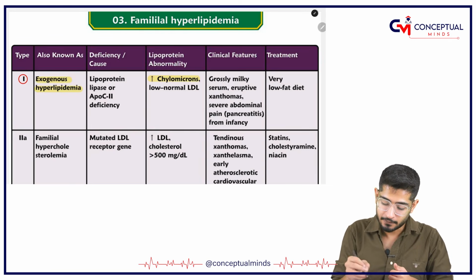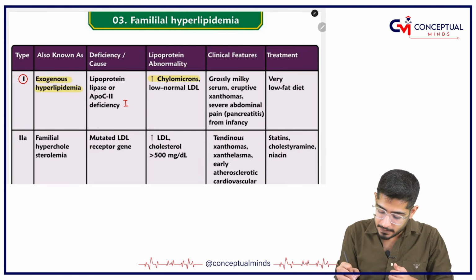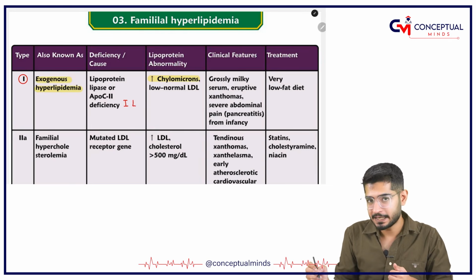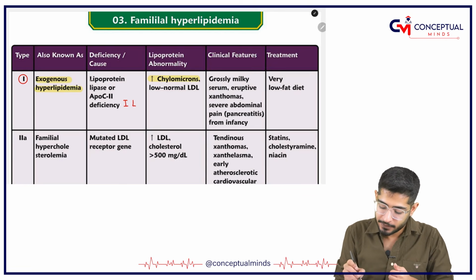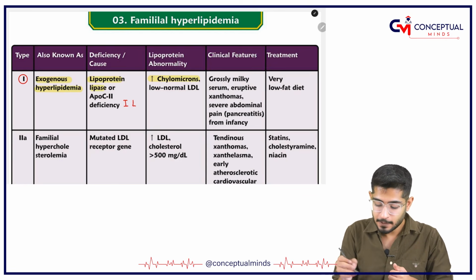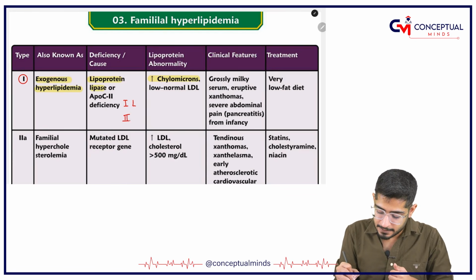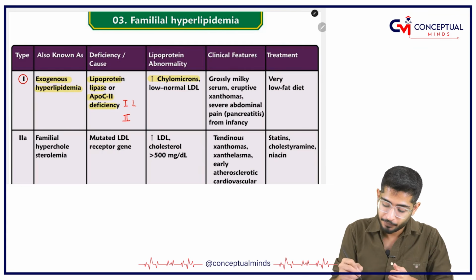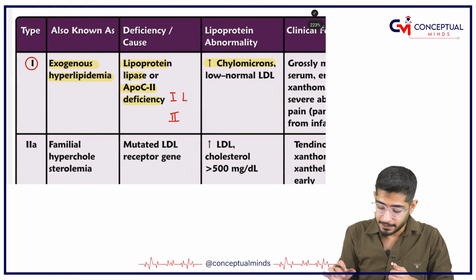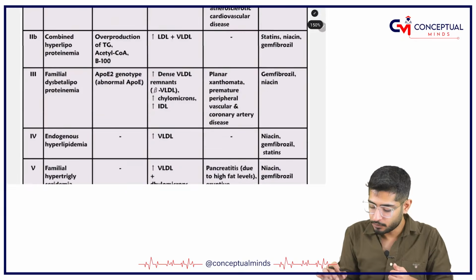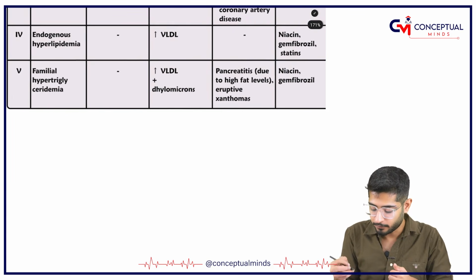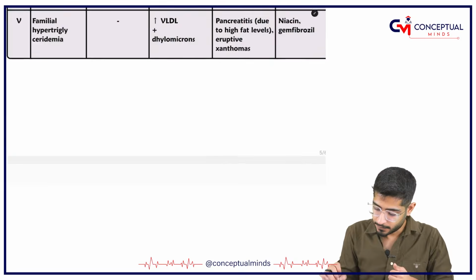Exogenous hyperlipidemia. And my dear friends, please understand, one looks like L, so the enzyme deficiency is lipoprotein lipase, and if you combine two ones, this becomes 2, so this is ApoC2 deficiency. Let me give you a little hint.